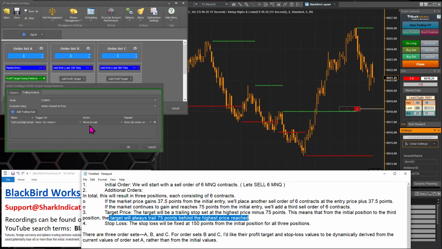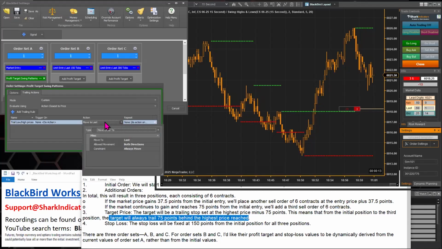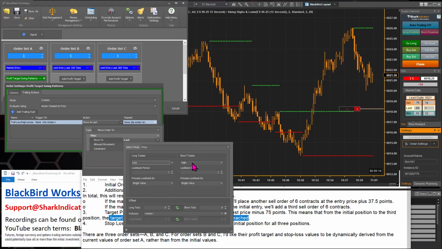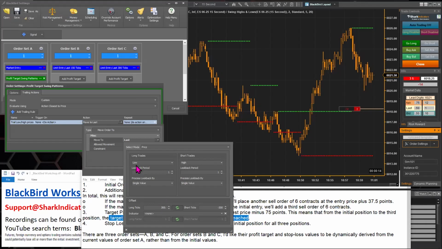Let's go into the actions, and we're going to go into the move to. We're going to use the low price and the high price, so we're just going to keep tracking these bar prices. As each bar closes, this is going to be looking right at each bar price.